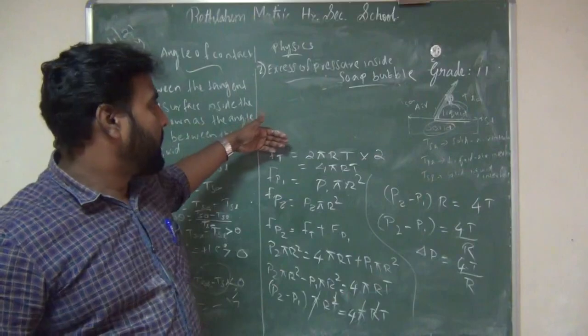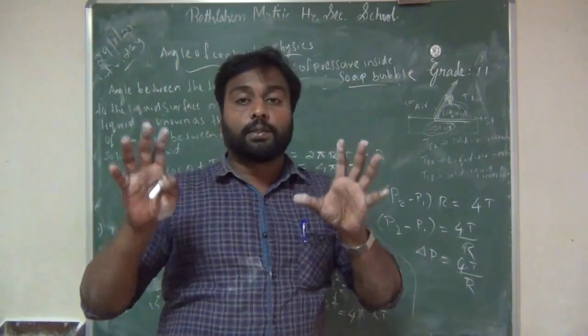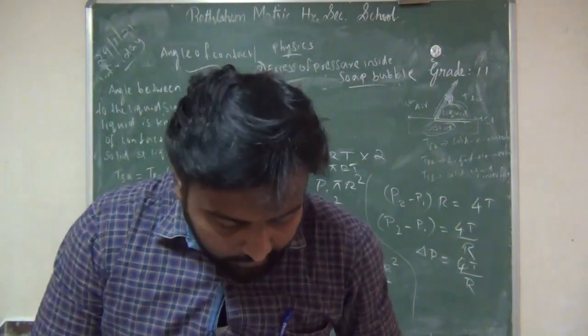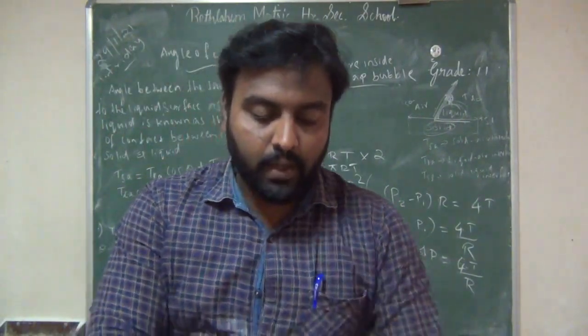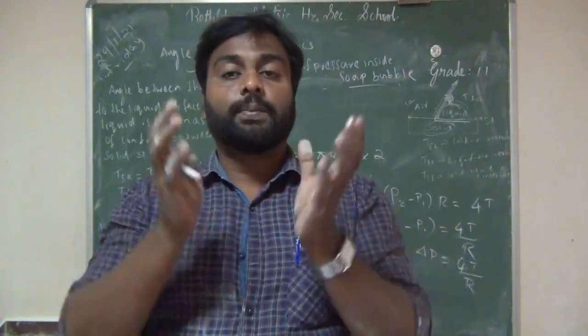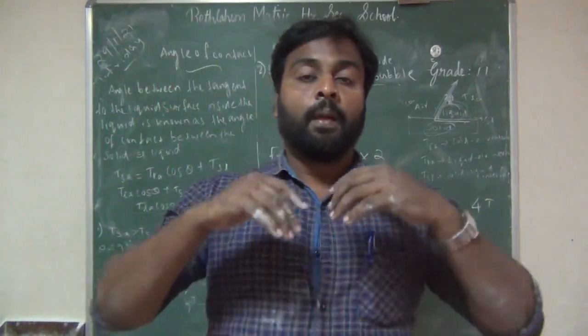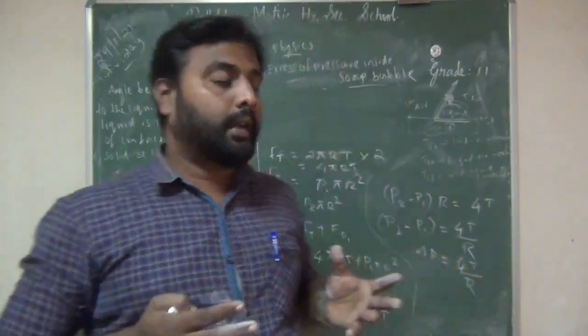So listen here, the same thing here. Soap bubble means you can see the diagram on page number 78. In a soap bubble there will be two surfaces, one spherical surface inside with an air-liquid interface, and outside also the same thing will be there.